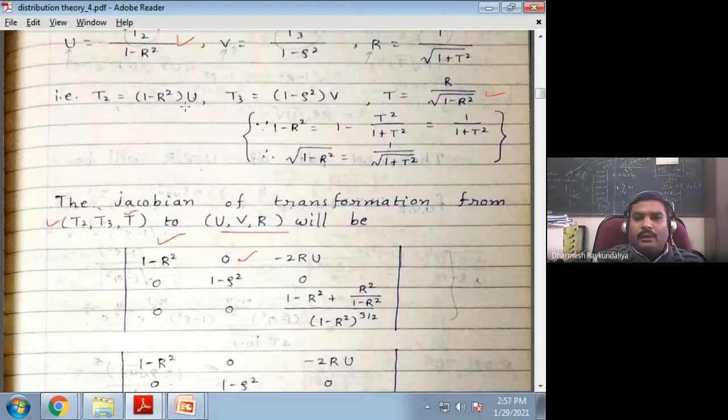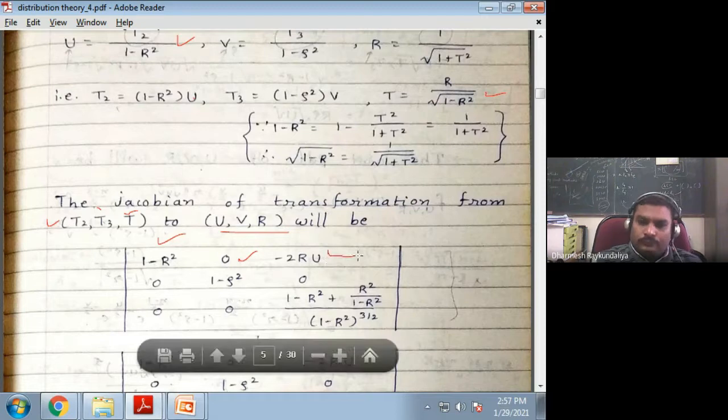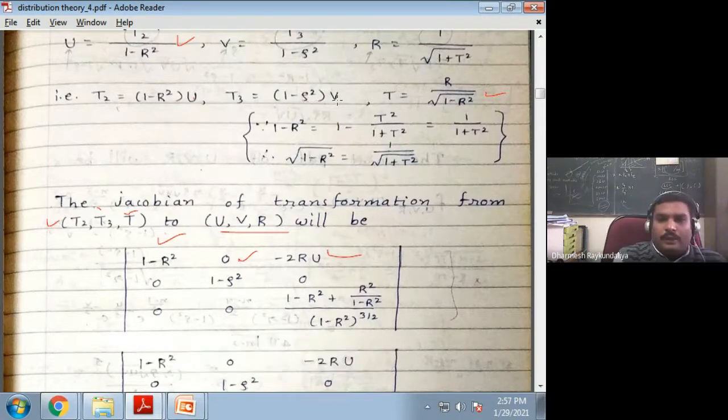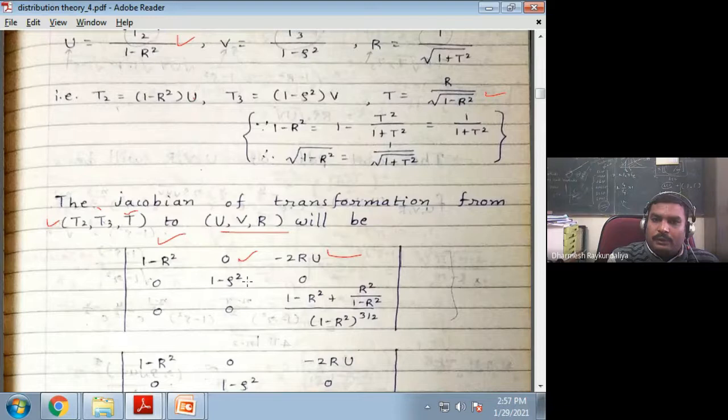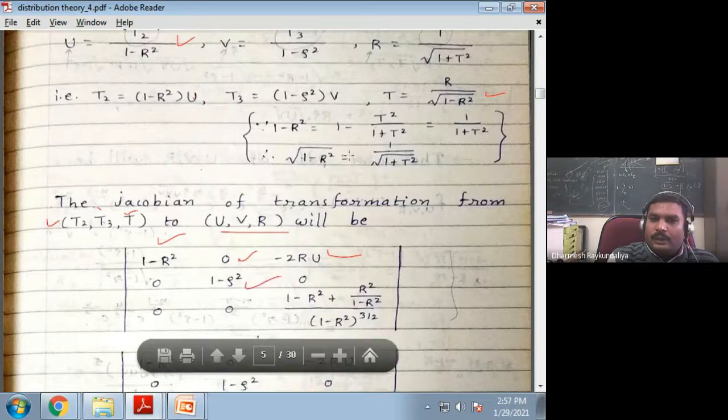And derivative with respect to r. So U is constant, 1 minus r square, and derivative of minus r square is minus 2r, so it is minus 2rU. Now similarly you can take the derivative of T3 with respect to U. There is no U, it is 0. Derivative with respect to V, of course the coefficient 1 minus r square as it is. And derivative with respect to r, there is no r, so it is 0.